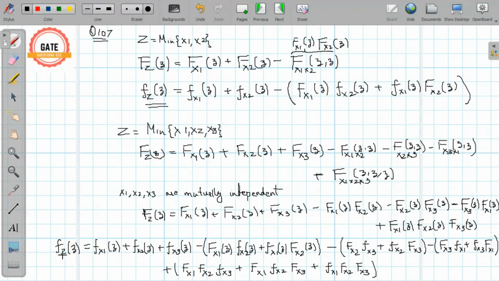So this is the PDF for Z, where Z is minimum among x1, x2 and x3, and x1, x2, x3 are continuous and independent random variables. I have calculated here for 2 and 3 random variables. In a similar way, you can calculate the PDF of Z for any number of random variables.